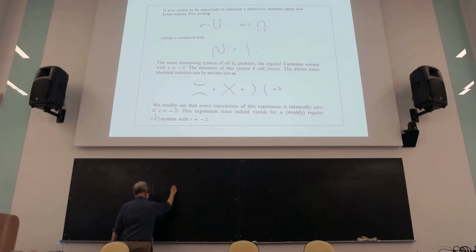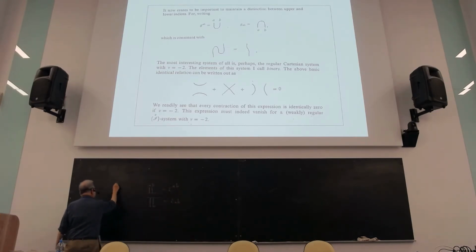This is epsilon upper AB, and this is epsilon lower AB, and epsilon, two indices, epsilon 0,1 is equal to 1, epsilon 1,0 is equal to minus 1, epsilon 0,0 equals 0 equals epsilon 1,1.